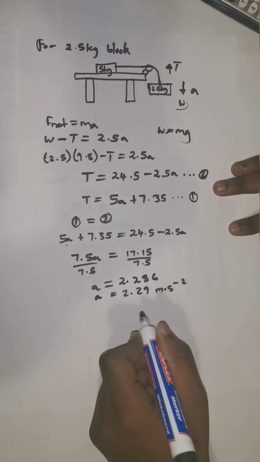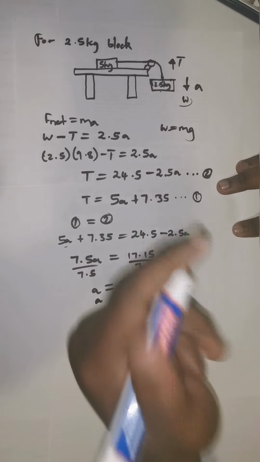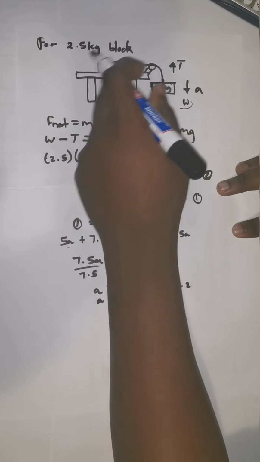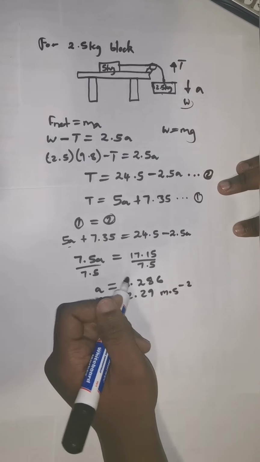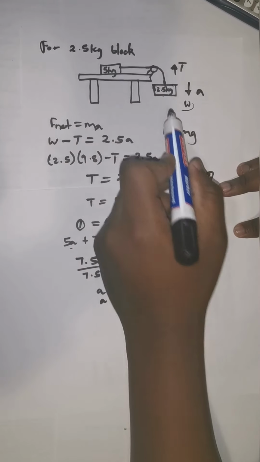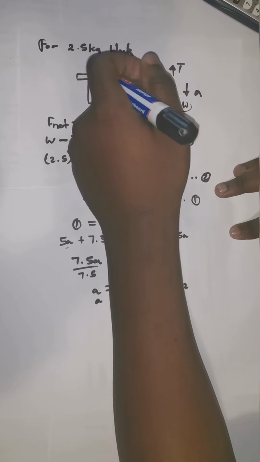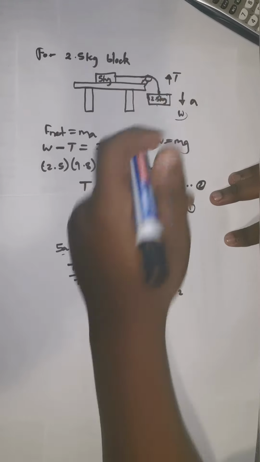Always remember to put your units. So as you can see, the acceleration for the system is the same. The acceleration is the same for the 5 kg block and for the 2.5 kg block, because it is one connected system through the string. So this is all for this question.